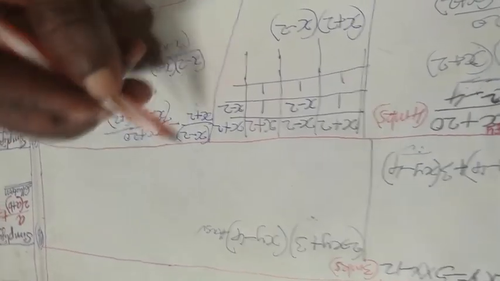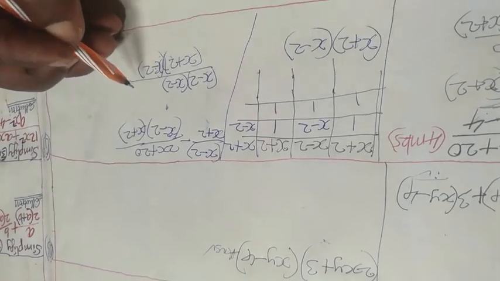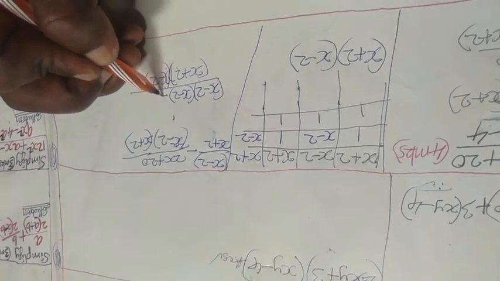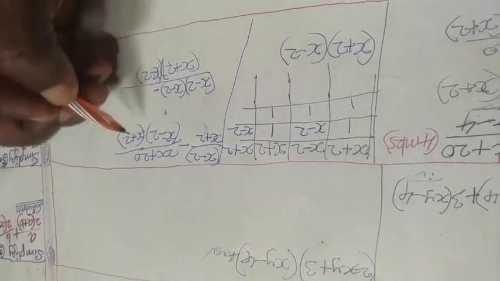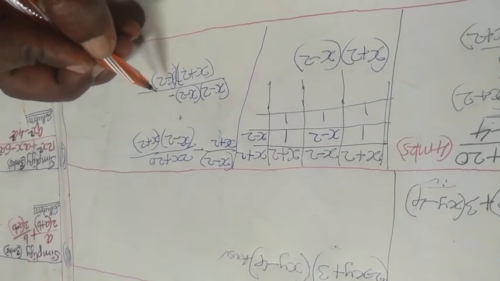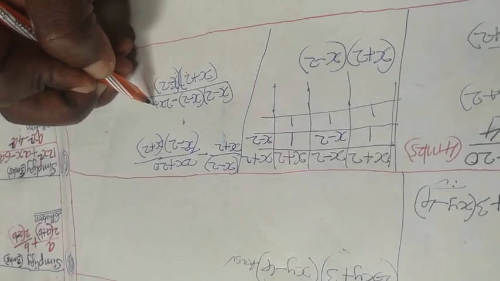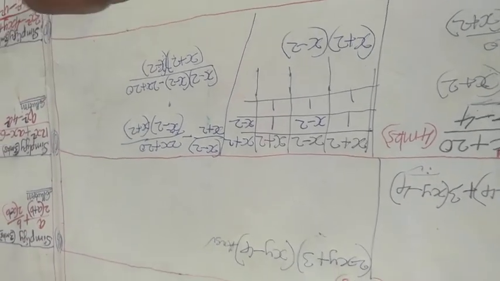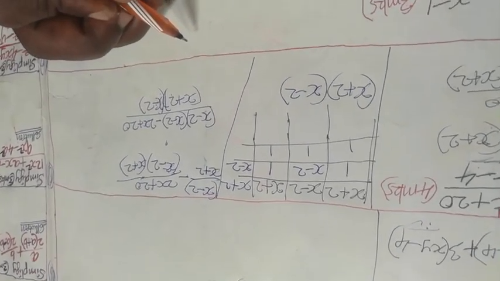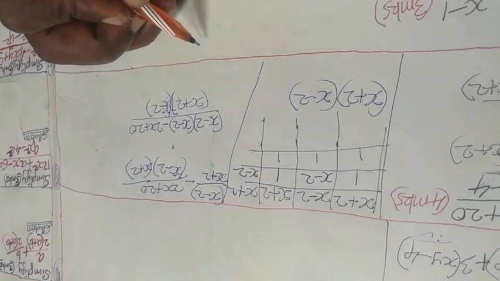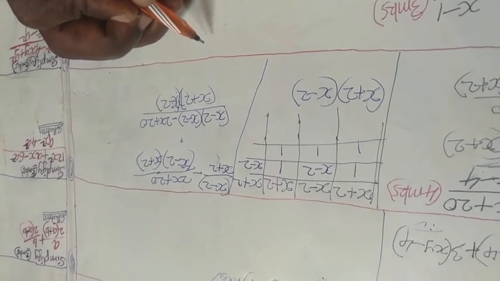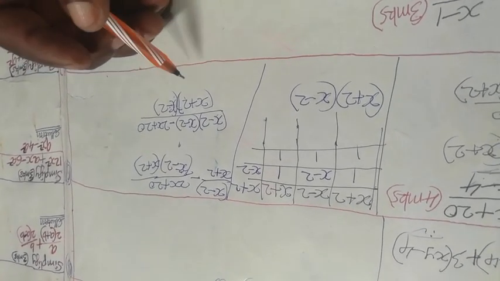Then we say minus, and if we divide here, we get 2x plus 20, 2x plus 20. Then this is over our LCM.